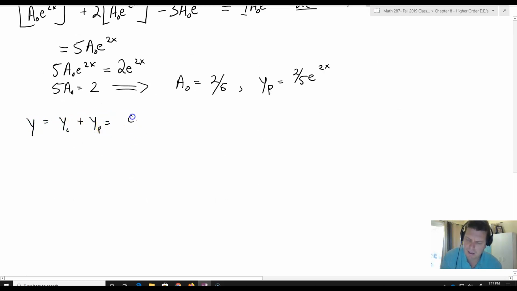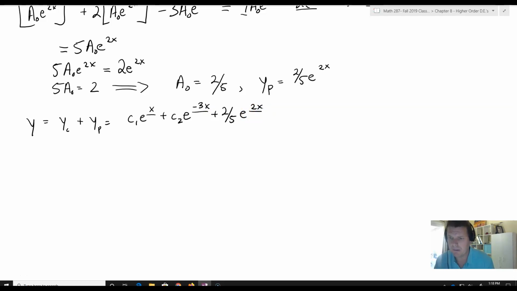So that's c1 e to the x plus c2 e to the negative 3x plus 2/5 e to the 2x. And notice x, negative 3x, and 2x are all linearly independent. That's exactly what we need in order to generate the entirety of the solution. All right, and there it is.